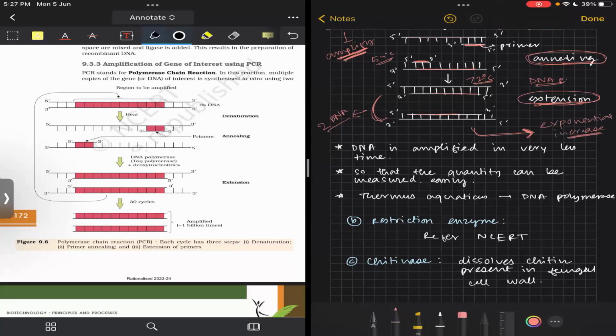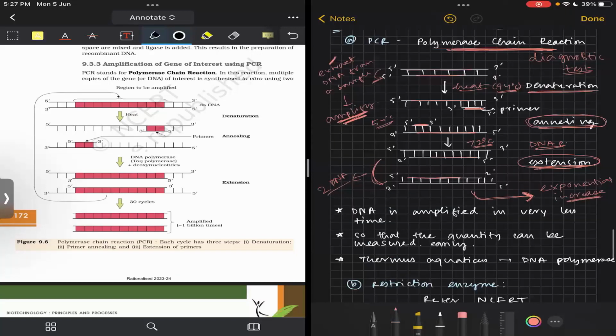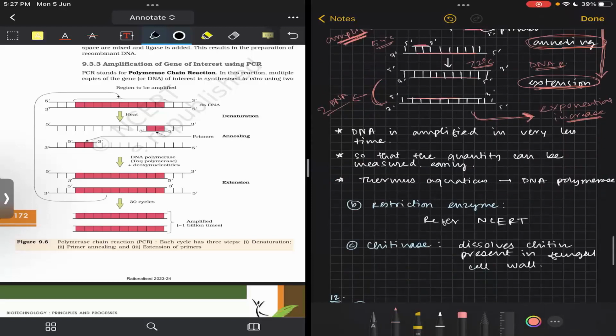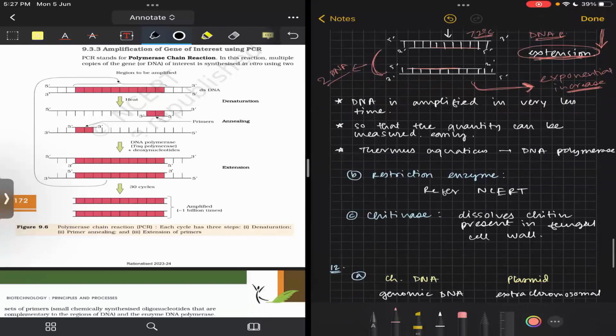Okay, so this is the use of PCR. This is the basic principle of PCR: denaturation, annealing, and extension. And we use PCR when the DNA that is present is very less. So we have to use PCR to increase the number of DNA, so that we can perform as many tests as we want.